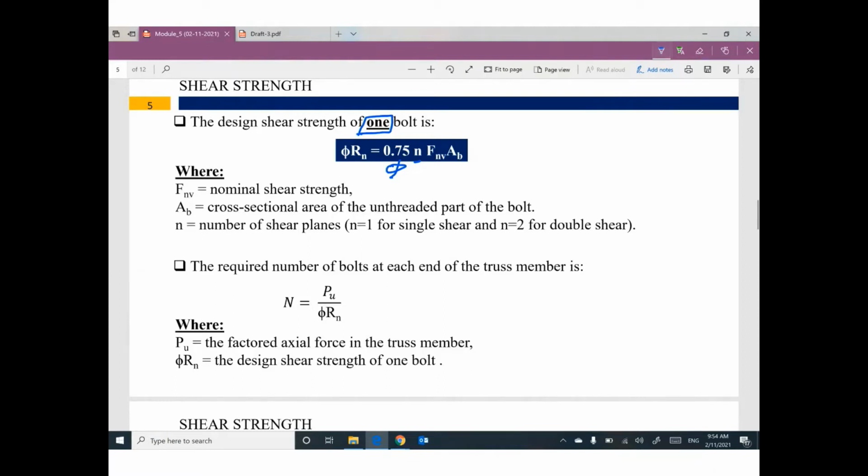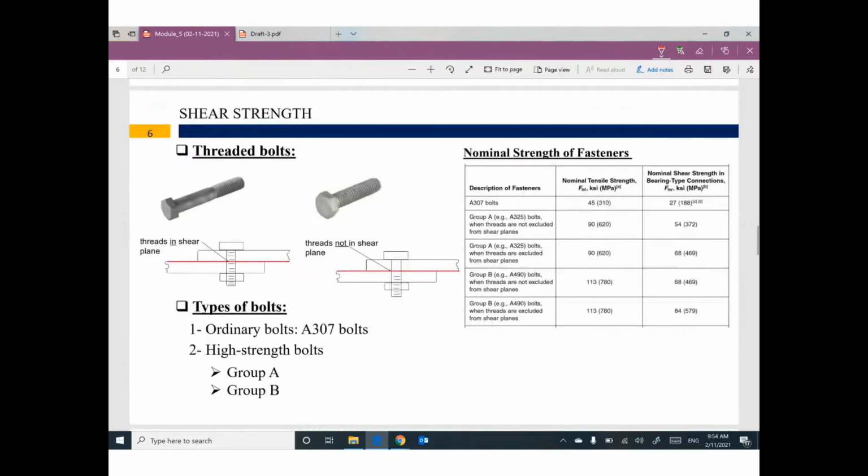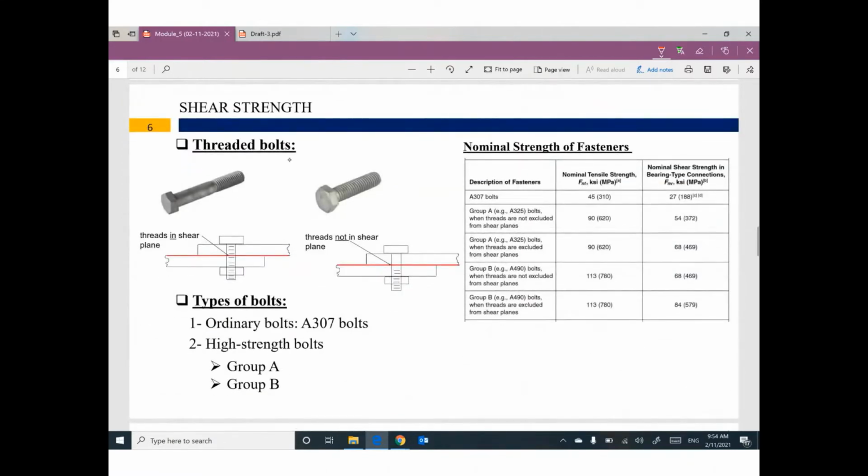Can you explain it in more detail? Yes, I can. Area A_b is the cross-sectional area of the bolt. Guys, your bolt looks like this one or like this one. The bolt has a diameter. You remember the name? d_b.